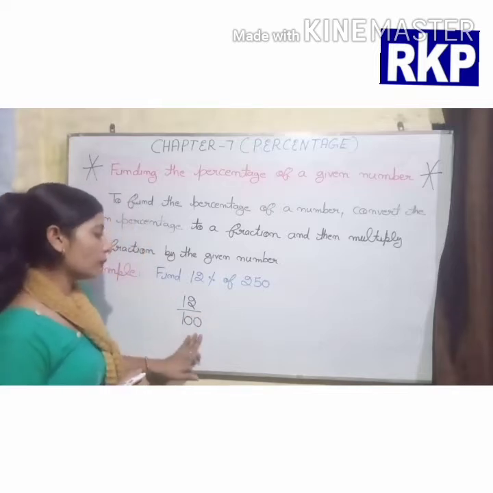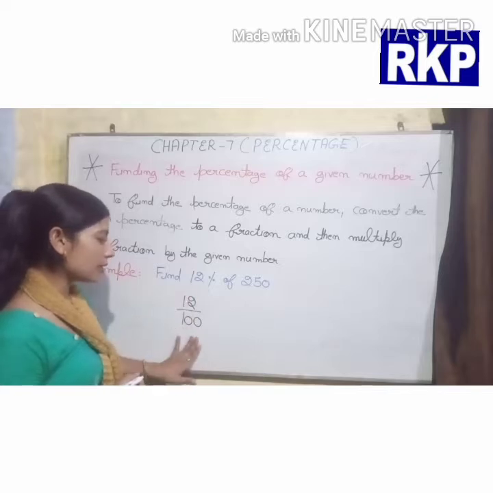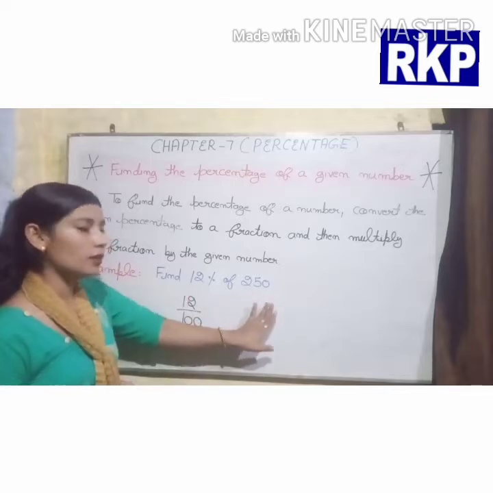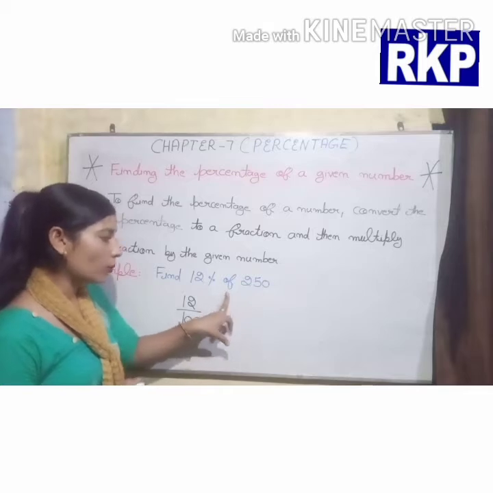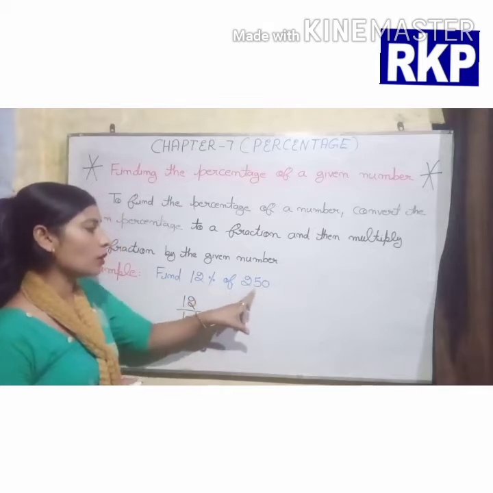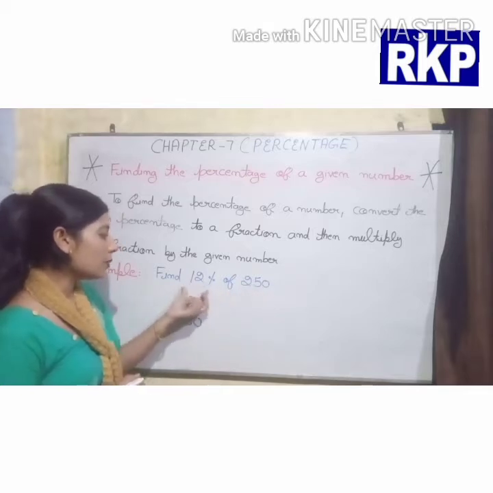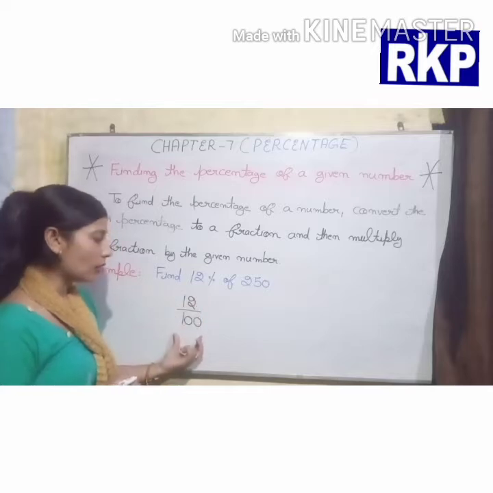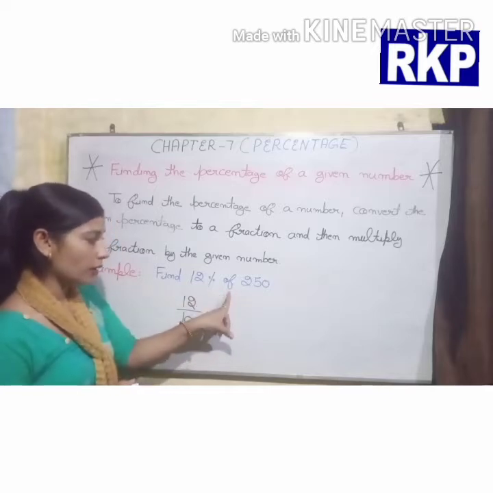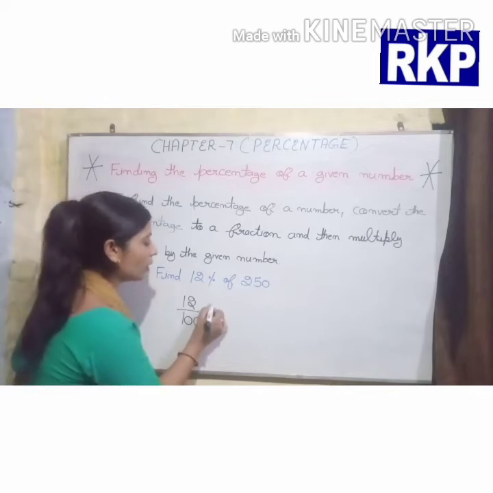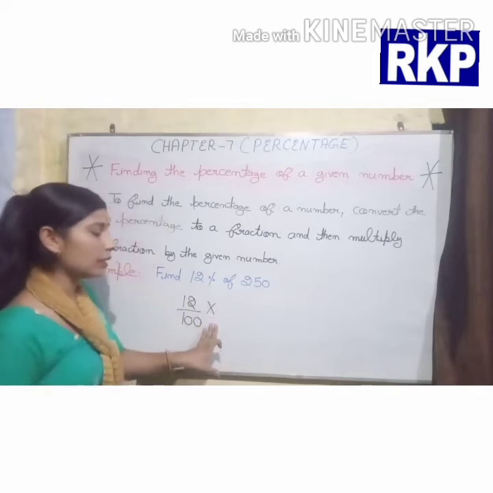Now we have to multiply this fraction with 250. Here we have 12% of 250, so 12% means 12 by 100. Here we have "of", so we put the sign of multiplication.